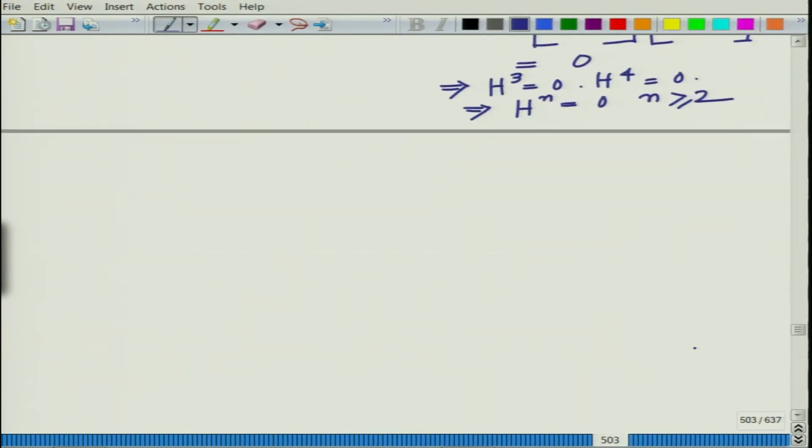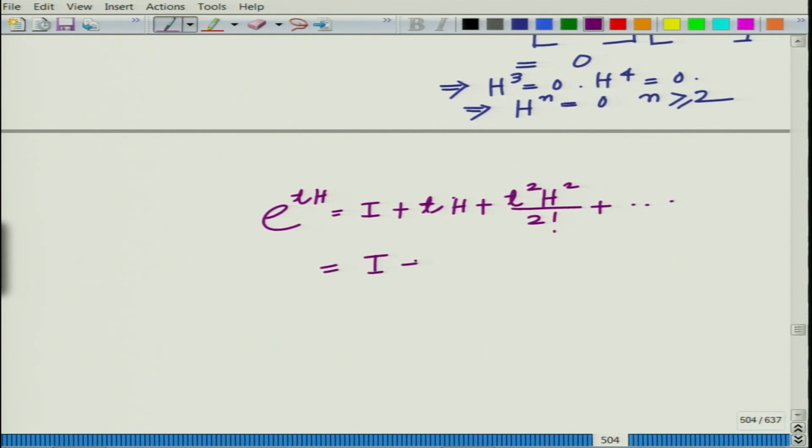Okay. Now, you can ask the question, what is e raised to the power of t H for this H, that is I plus t H plus t square H square by 2 factorial equals I plus t H. Remember, all these higher terms are 0. So, this entire thing will be 0.